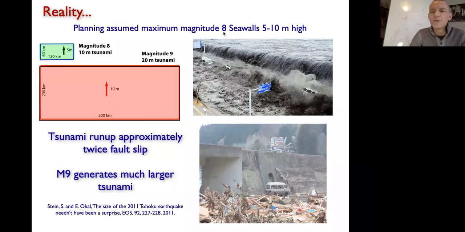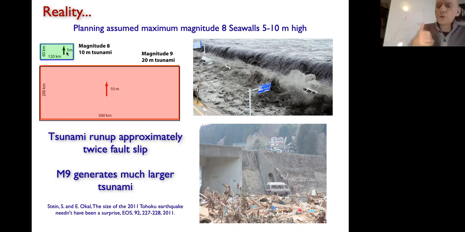And so if you have a magnitude 8, here it seems tiny, but can you imagine a magnitude 8 in front of the Mediterranean coast, or a magnitude 8 in other countries? Well, it's going to be a very scary event, but not for Japan. The average slip for a magnitude 8 is 5 meters.